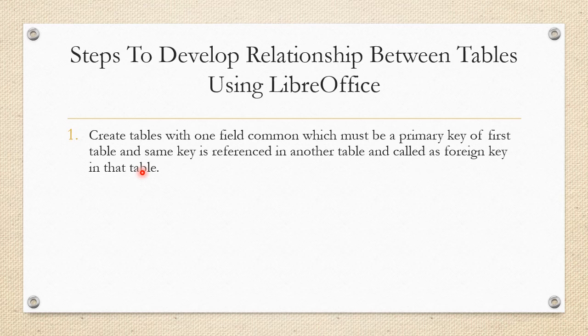So whenever you want to create a relationship between two tables, at that time there should be a common field. For example, student table and marksheet table, which was the common field in both tables? Roll number.